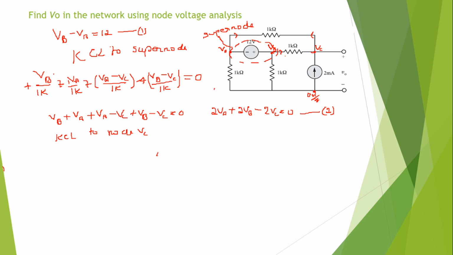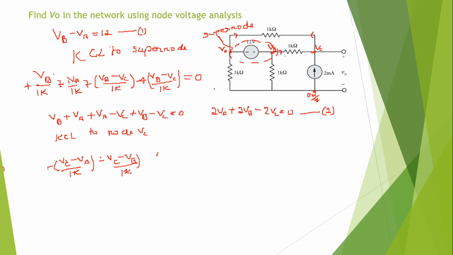So the current through this 1 kilo ohm is minus VC minus VA by 1K, because it is the outgoing current. Through the 1 kilo ohm connected between VC and VB, it is minus VC minus VB divided by 1K.